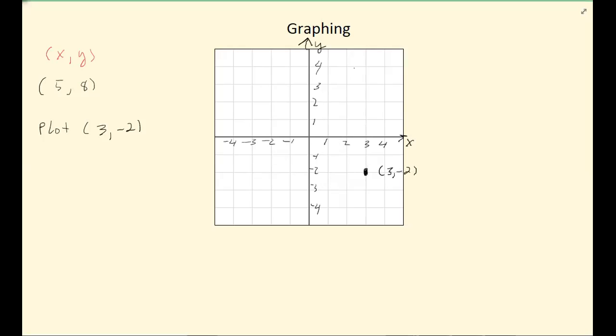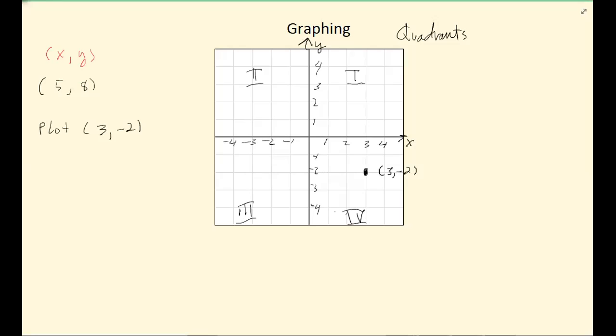Okay, this first quarter up in here is called the first quadrant. So these are quadrants. You have the first, this is the second, this is the third, and this is the fourth down here.